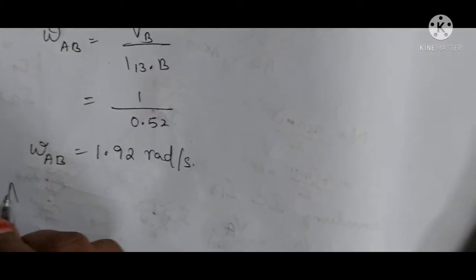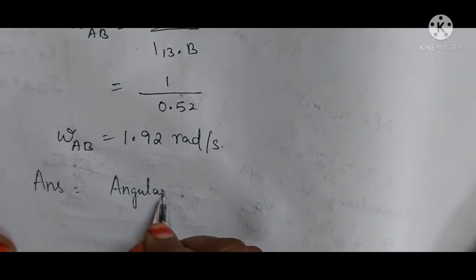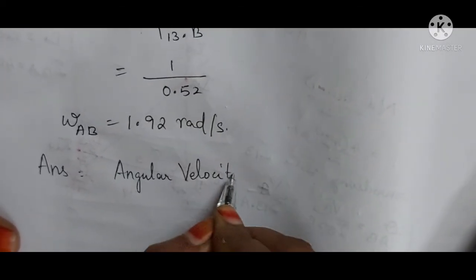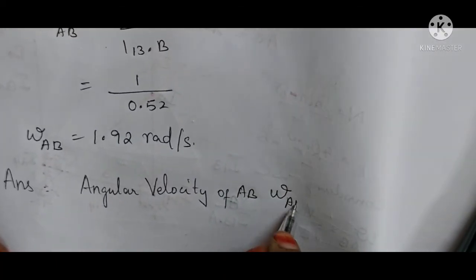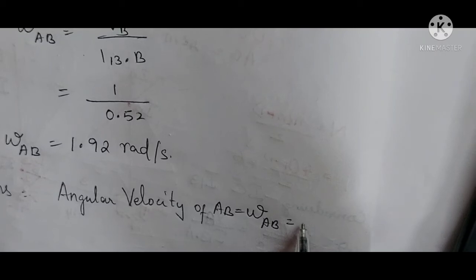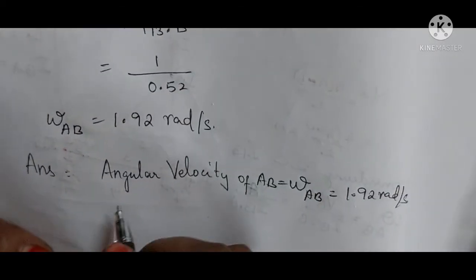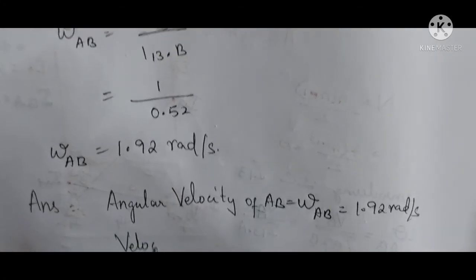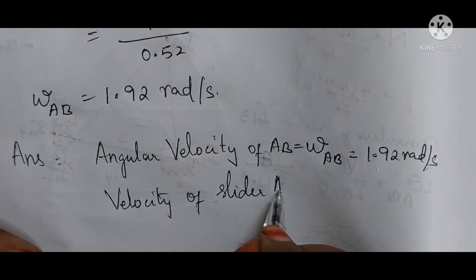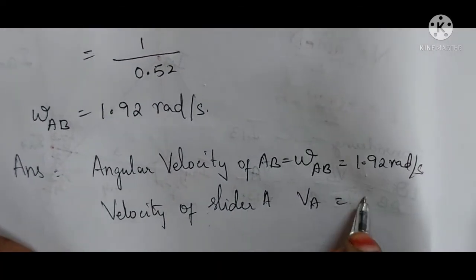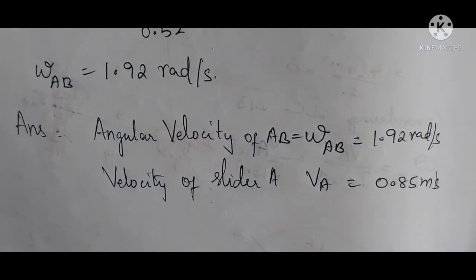So finally the answers are: angular velocity of the connecting rod AB, omega AB equal to 1.92 radians per second. Then velocity of slider A, VA equal to 0.85 meter per second. These are the required answers.